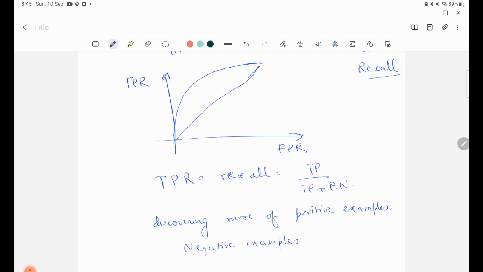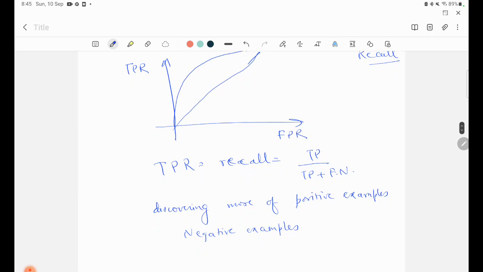So what do we want? We want to discover more and more of the true positives and less and less of the false positives, so that this rate is high. It is high when it is over here.